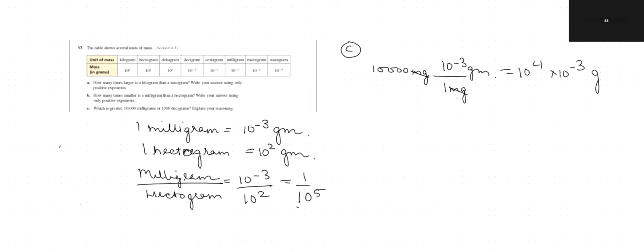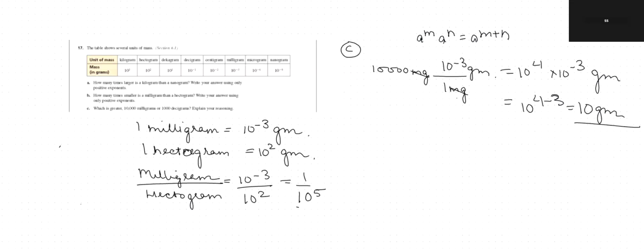Using the exponent formula, 4 minus 3 is 1, so 10 raised to power 1, which is 10 grams. So 10,000 milligrams is equal to 10 grams.